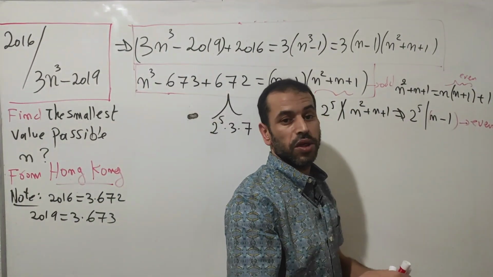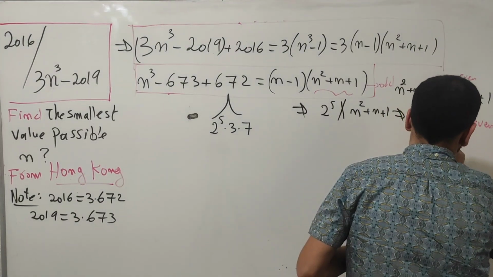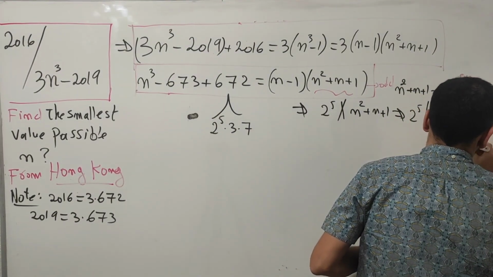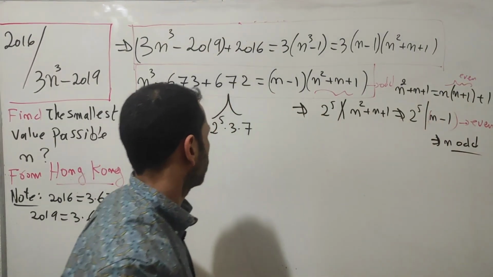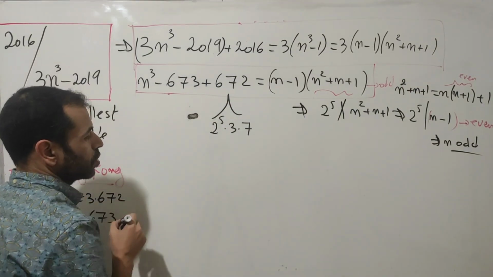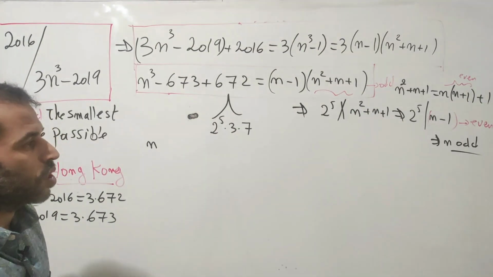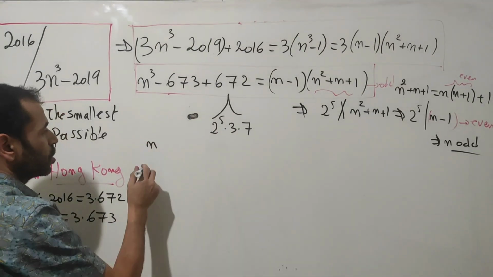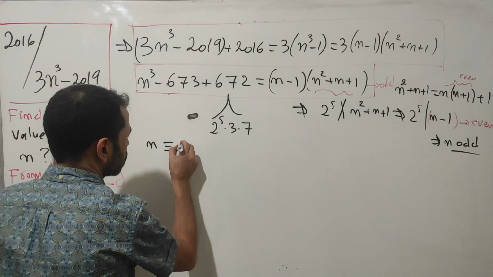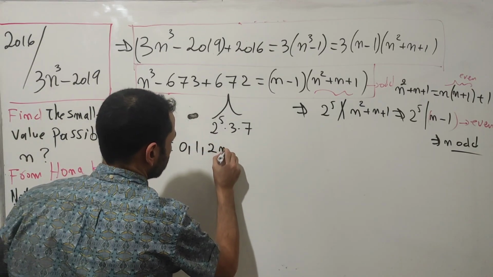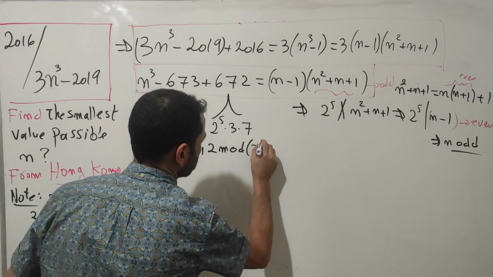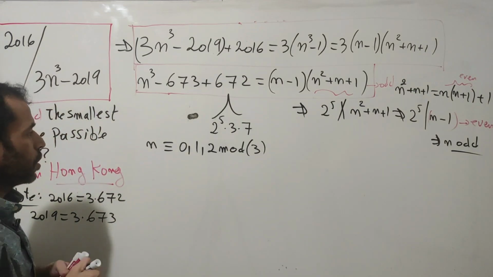If n minus 1 is even, then n is odd. Now we have determined n is odd. Notice that we have a new thing here. If I reduce this modulo 3, an integer is congruent to 0, 1 or 2 mod 3, if n is odd.